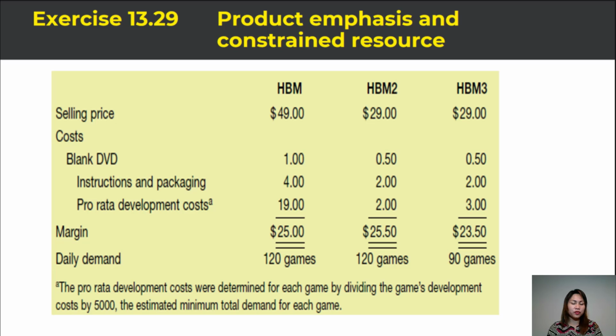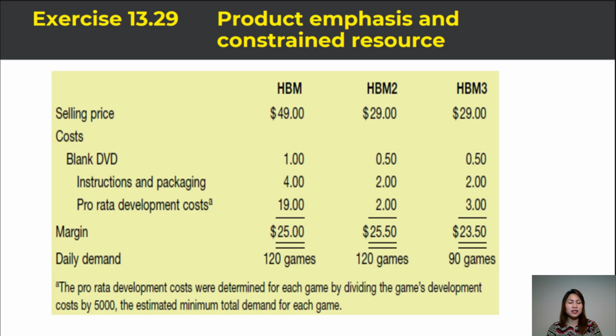Then margin for each product is HBM $25, HBM 2 $25.50, HBM 3 $23.50. Okay, if we look at the profit margin for each product, it seems that HBM2 gives you the highest margin. But remember, we have constrained resources.